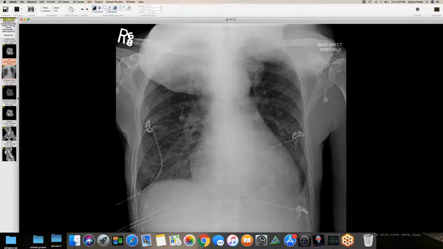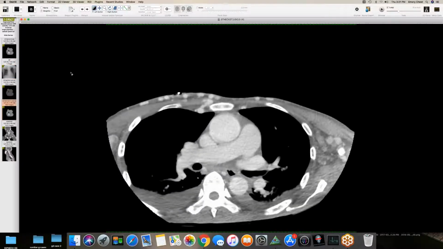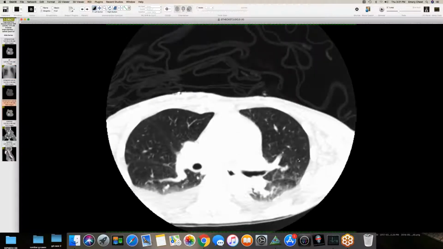So let me show you this. This is in keeping with Travis's case. Brent, can we say that maybe there are small nodular or tubular opacities in the right lower lung at least? Yes, exactly. There are a lot of nodular opacities here. And let me show you the neck CT, and you can see that there were some nodules here.